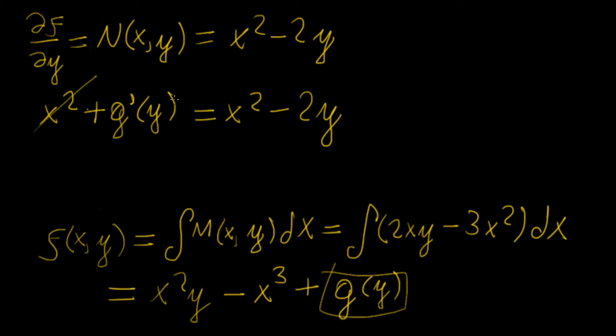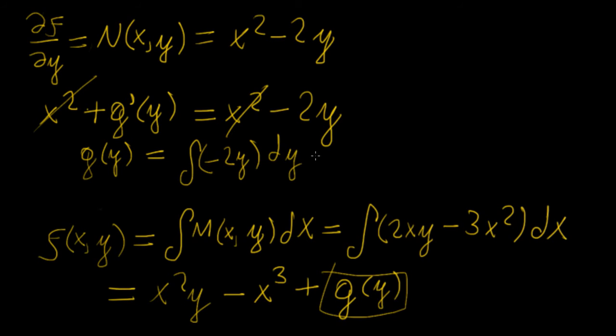So what happens here? Well, this cancels out, and we can integrate both sides with respect to y to find what g is. So g of y is going to be the integral of minus 2y with respect to y, and that's going to be minus y squared plus some constant. In this case, because we're integrating a function of a single variable, our constant is just going to be a constant.